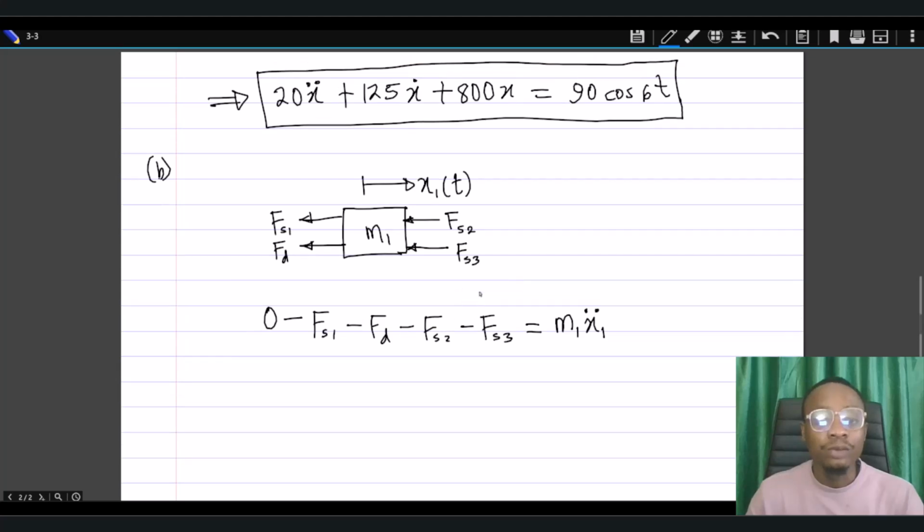The next thing we have to do, carefully, is get the expressions for Fs1, Fd, Fs2, Fs3, and so on.